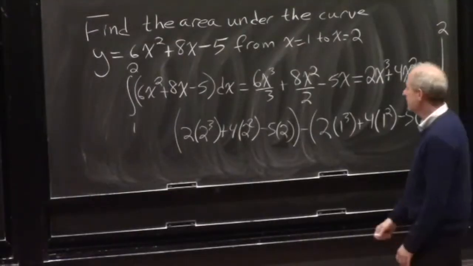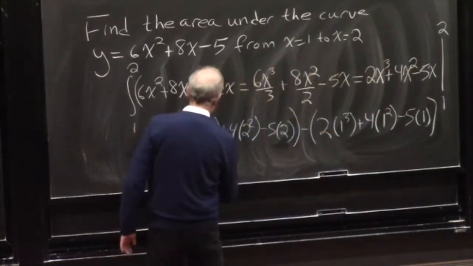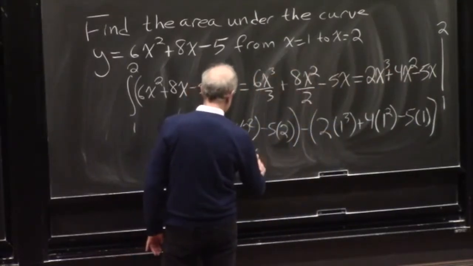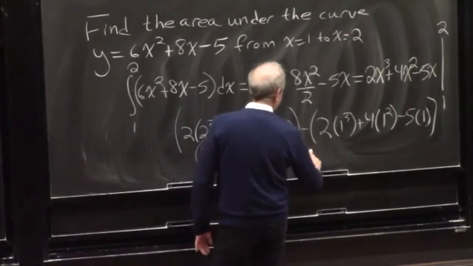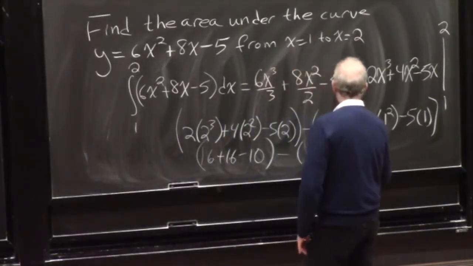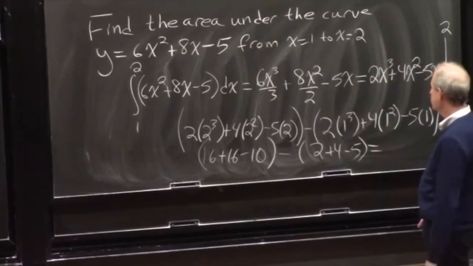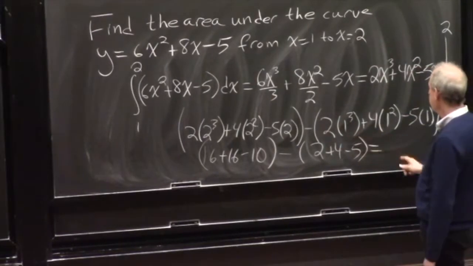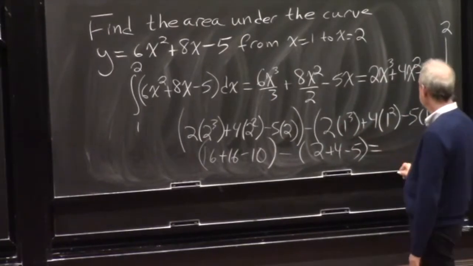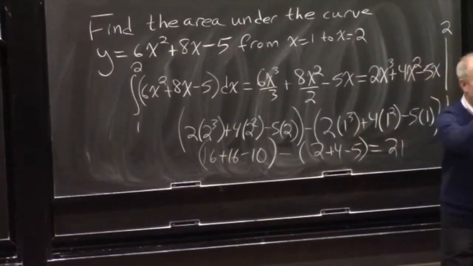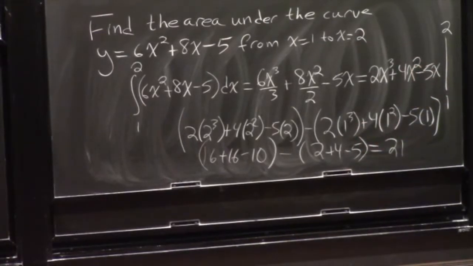So let's see, that's 16 plus 16 minus 10 minus 2 plus 4 minus 5, which is 32 minus 10 is 22, minus 1, which is 21. Okay? Managed to get 21?